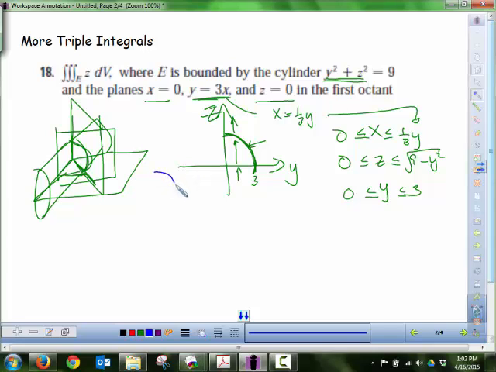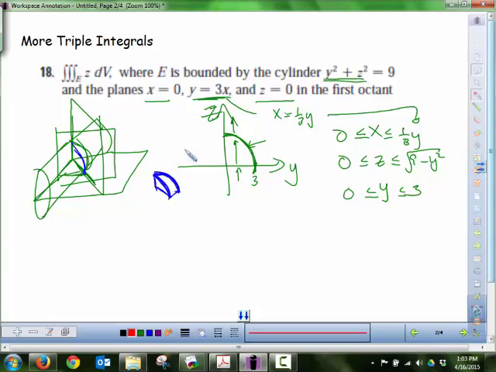This is this part right here when x is equal to 0, and this is this part over here. This is a piece of the plane when y is equal to 3x.